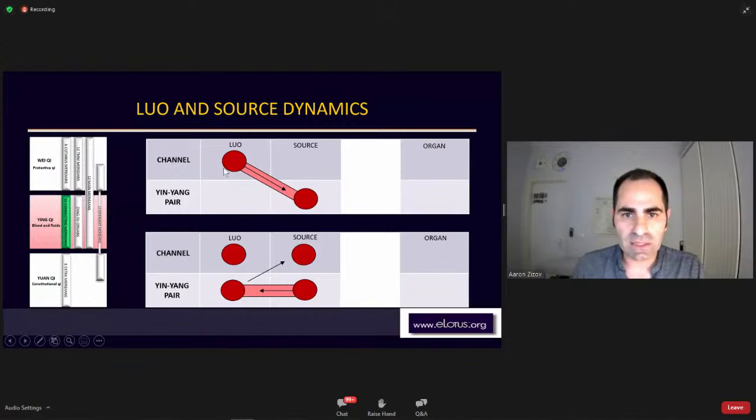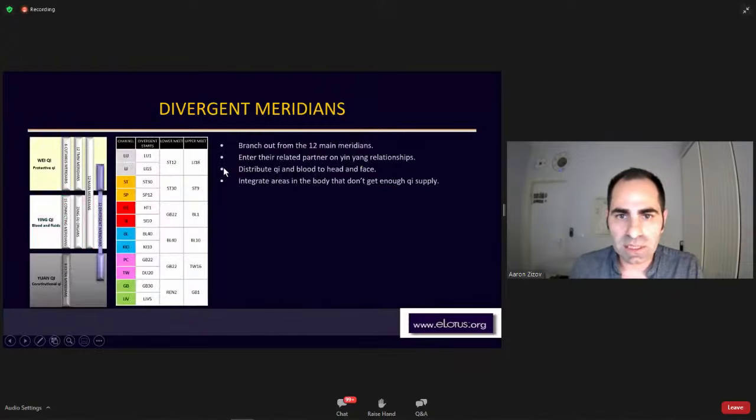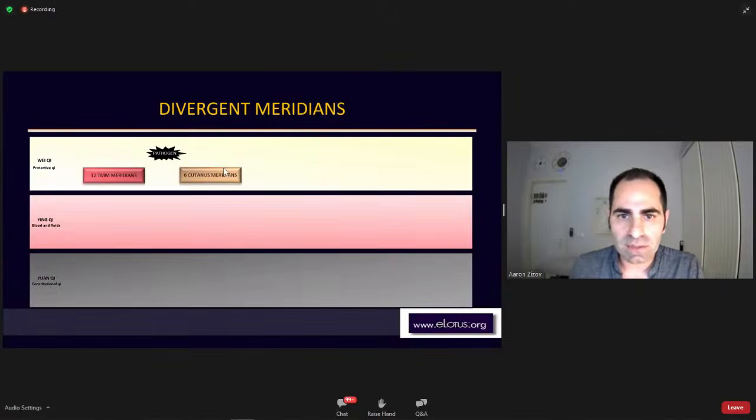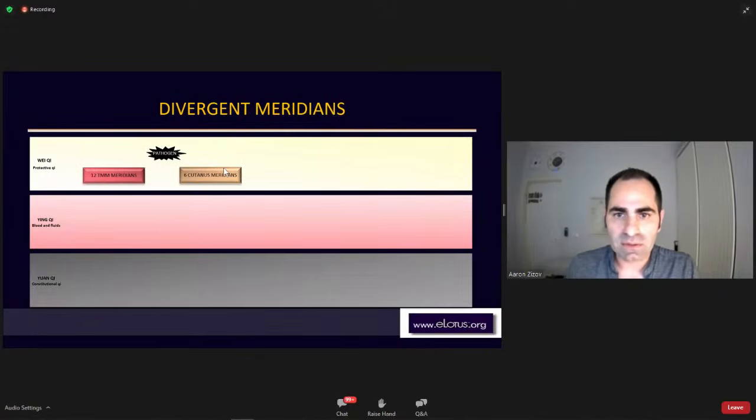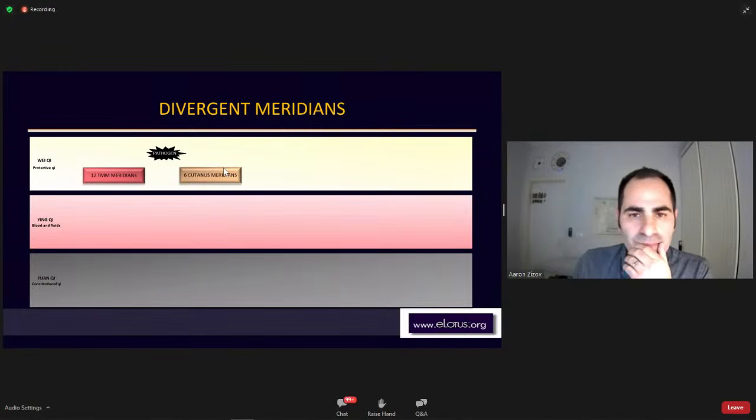If there's any other question: are these the liver divergent meridian? There are some, I don't remember all of them right now. I can get it after the break.